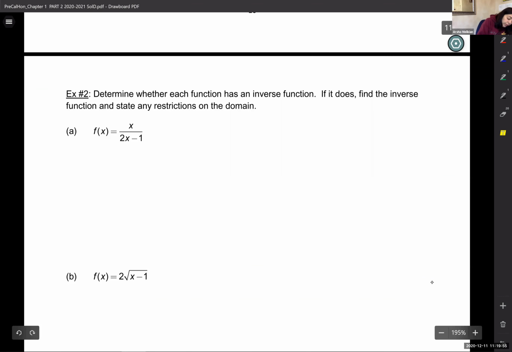And what you can do is graph and check to see if it has an inverse. Okay, this one does. So here's what we do. We rewrite it as y equals the function. Then we switch x and y.